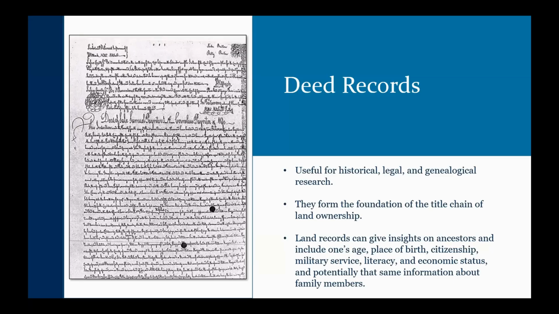Parts of the deed include the date of sale, the date of recording, the name of the buyer and seller, and the county and state of residence, the amount of money for the sale, description of the property, signatures, and witnesses. These types of land records give us insights into our ancestors, including their age, their place of birth, their citizenship, their military service, their literacy, their economic status, and potentially their family members as well.